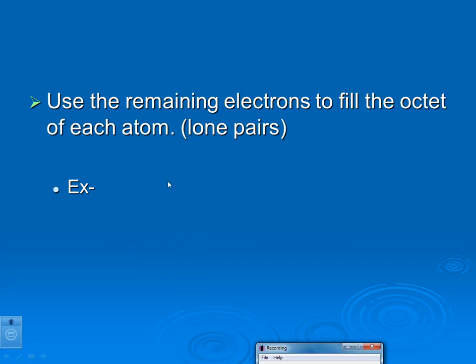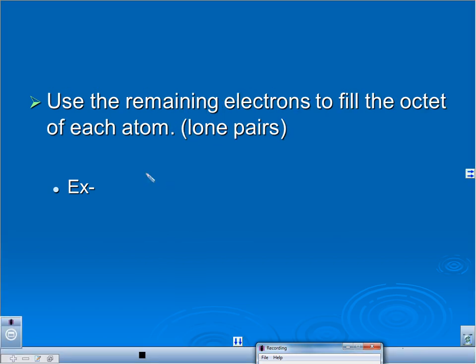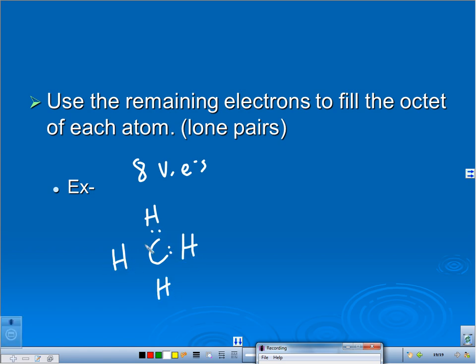Now, we'll use the remaining electrons. You might say, what remaining electrons? Well, for CH4, we said that there is 8 valence electrons. And we have C with these hydrogens around it. Single bond, single bond, single bond, single bond. And then for the water, we also said that there's 8 valence electrons. And right now we have single bonds to the hydrogens, and that's where we left off.